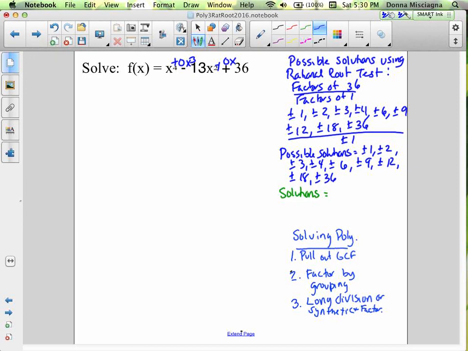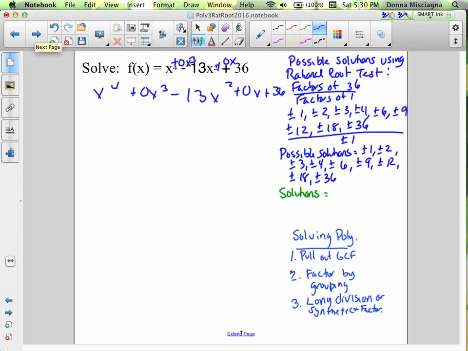So our possible solutions are going to be positive and negative 1, positive and negative 2, positive and negative 3, positive and negative 6, positive and negative 9, positive and negative 12, positive and negative 18, and positive and negative 36. All right, so we have x to the 4th plus 0x cubed minus 13x squared plus 0x plus 36.